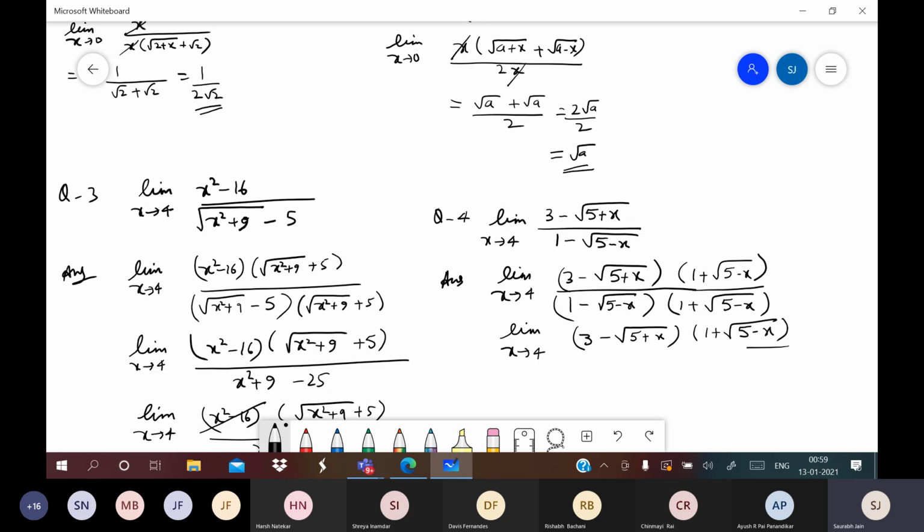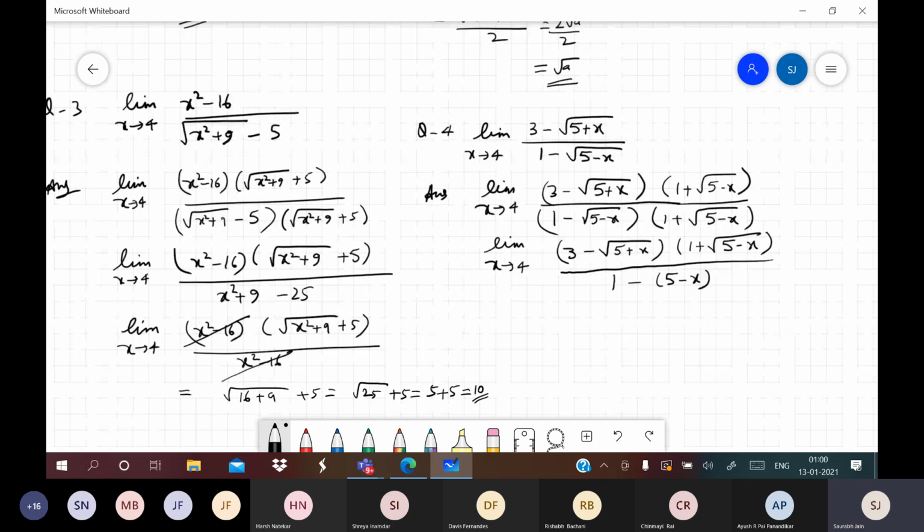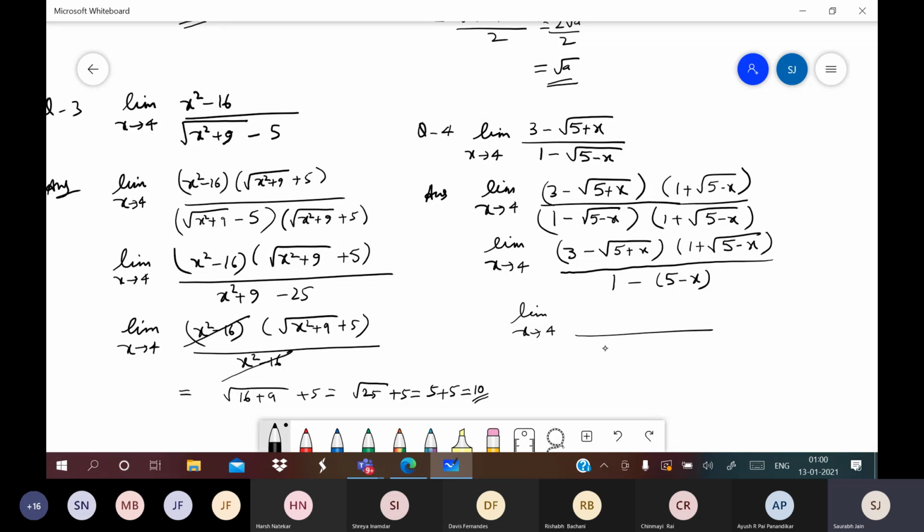In the denominator, a minus b into a plus b is a square minus b square, right? And you can see there's no purpose of multiplying these two terms in the numerator, because there's no identity. Simplifying the denominator you will get x minus 4, and you will not see x minus 4 in the numerator. It is not getting cancelled, nothing is getting cancelled.